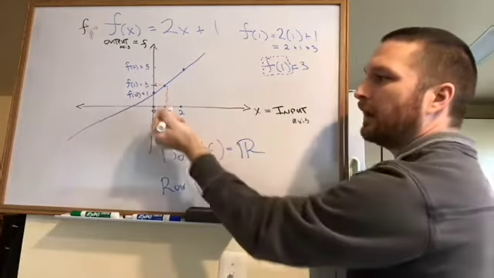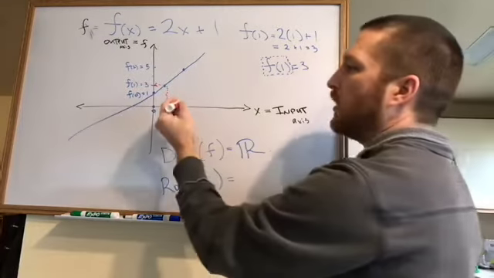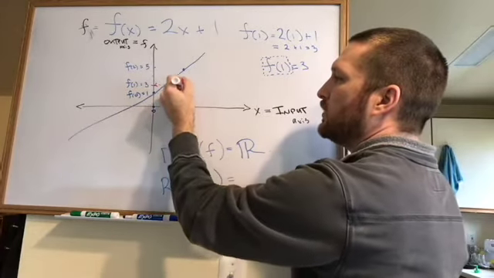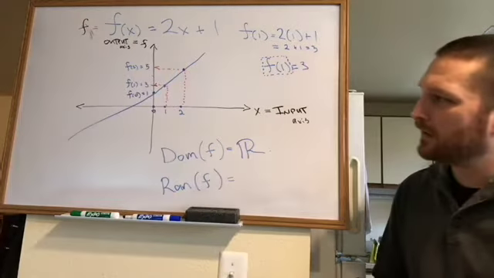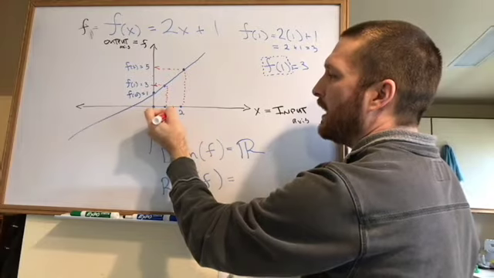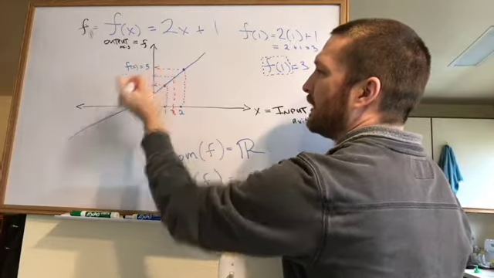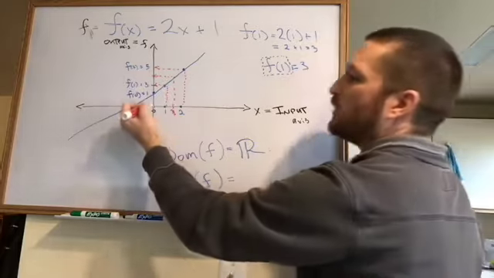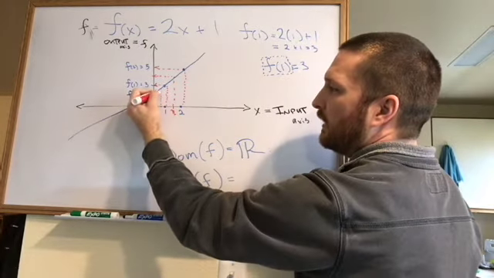So we shot an arrow from 1 and it hit 3, right? We shot an arrow from 2 and it hits 5, right? And if we shoot an arrow from 1/2, 3/2, it's going to hit this number right there. When we shoot an arrow from 0, it hits right here.